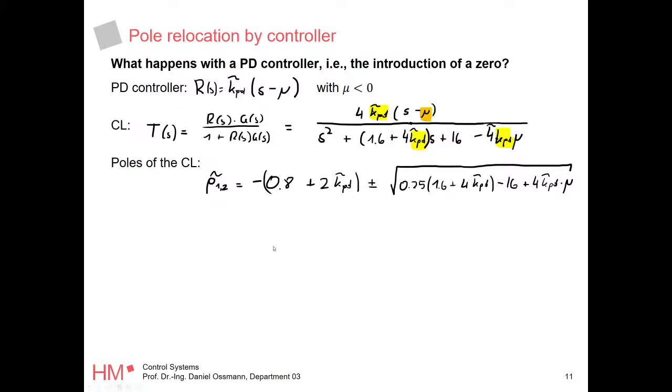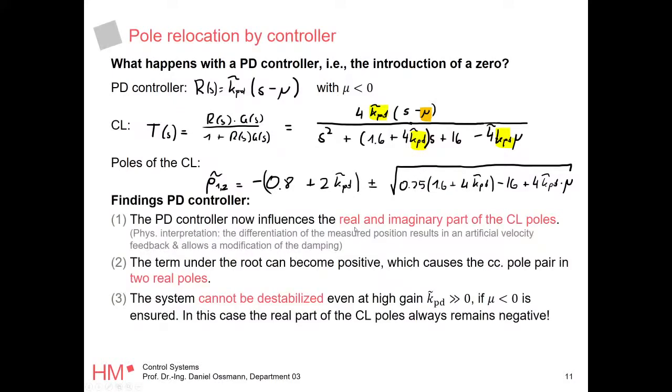So it's not clear where our imaginary part is. Point is, with our gain k and our zero, we can now influence the real part here and the imaginary part. And the term under the root can get positive, so we can actually come up with two real poles.